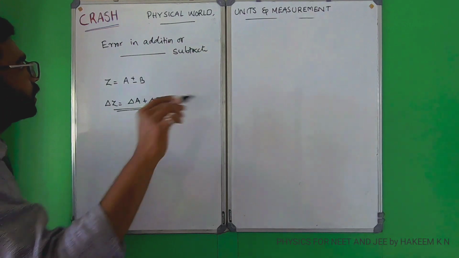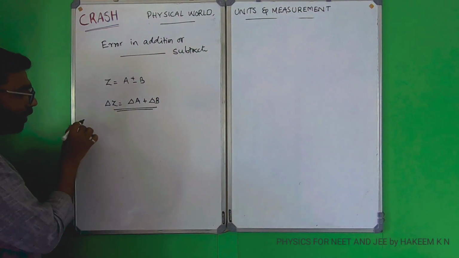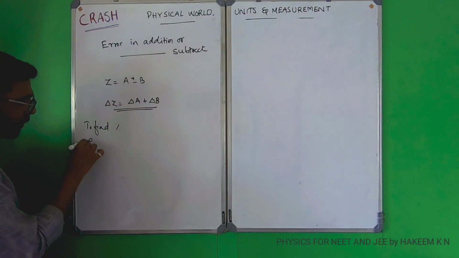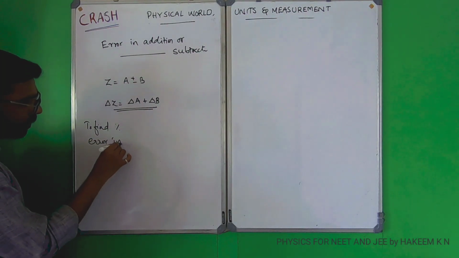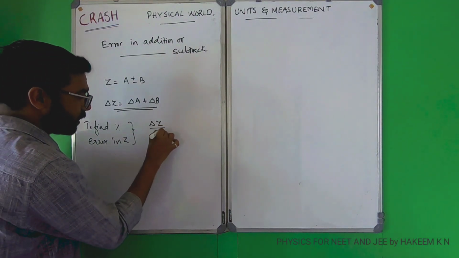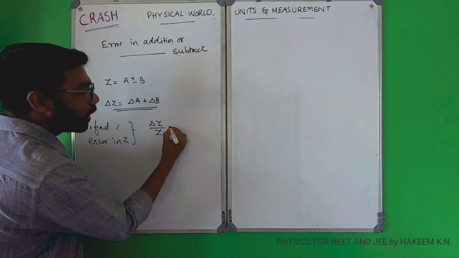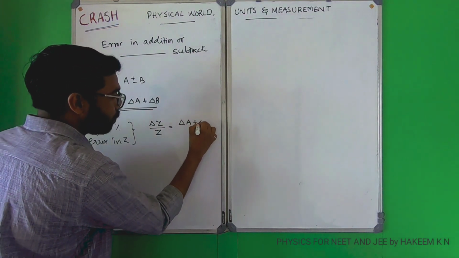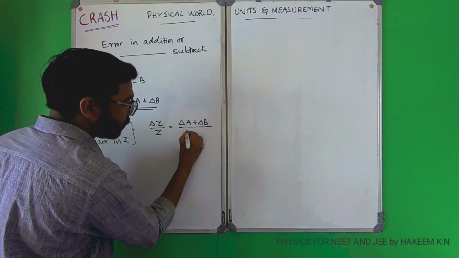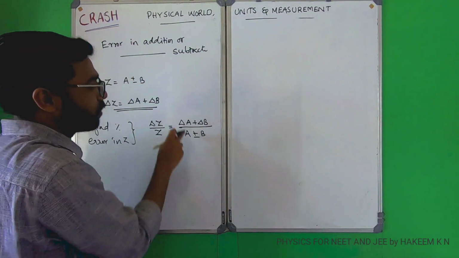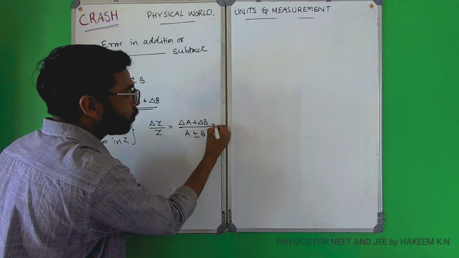Okay, and to find the percentage error in z, what do we have to do? Delta z by z, error by true value, equals delta a plus delta b divided by a plus or minus b, into 100.